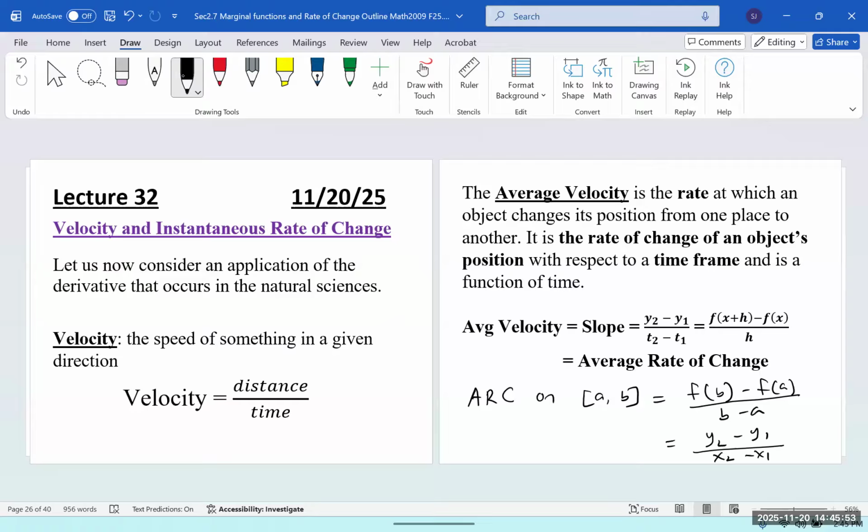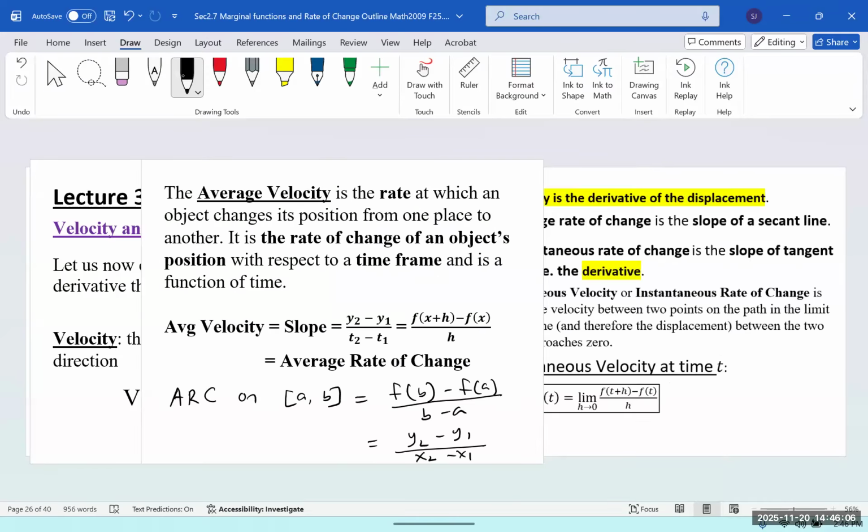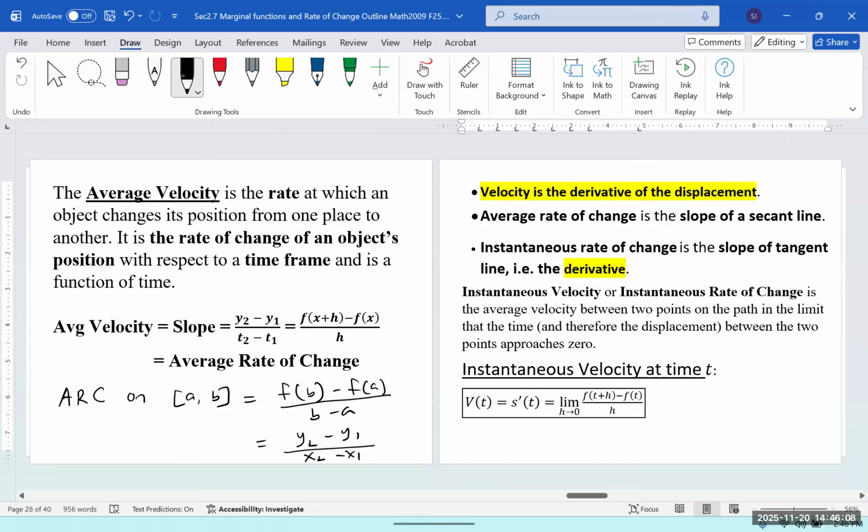But when you don't have an average, only the velocity is the derivative of your displacement. I mean, how much distance you crossed, the velocity is its derivative. And then we have another word, instantaneous rate of change. Instantaneous rate of change is also derivative. It's the slope of the tangent line, which is the derivative.